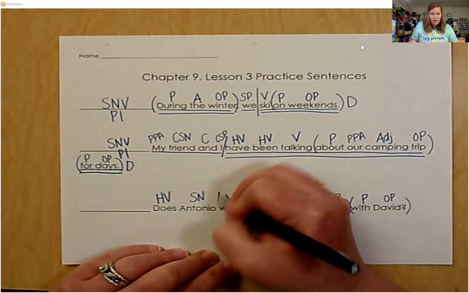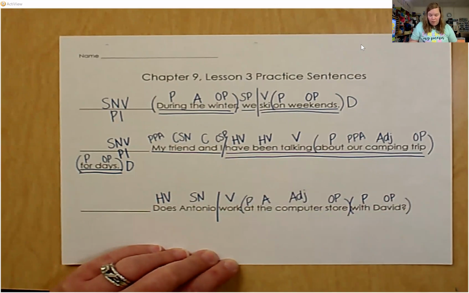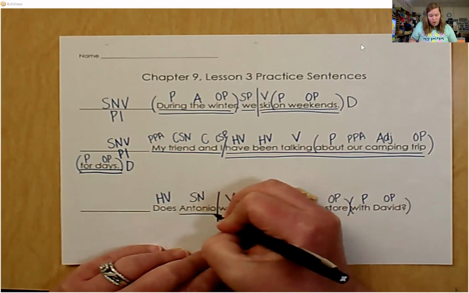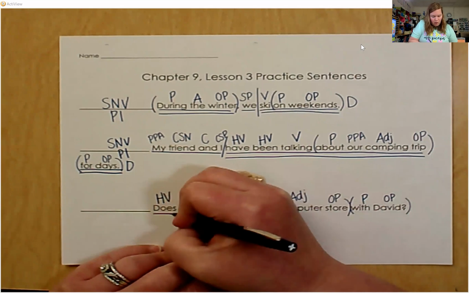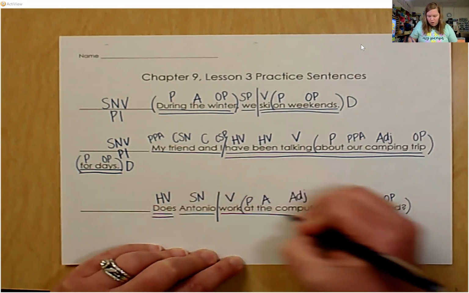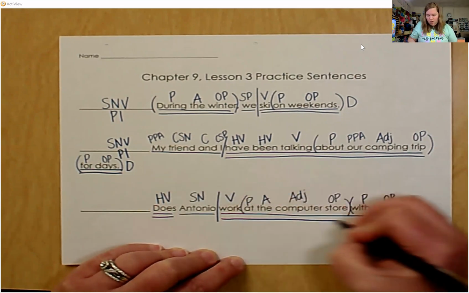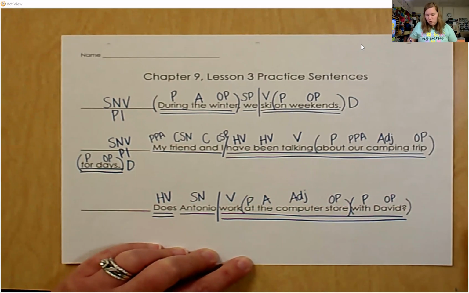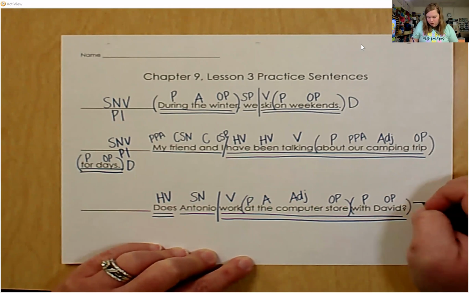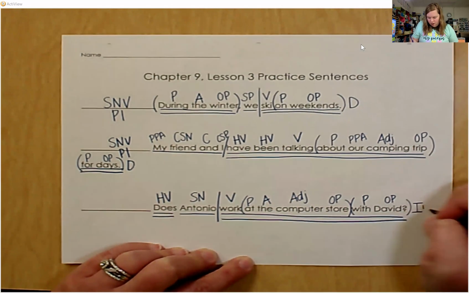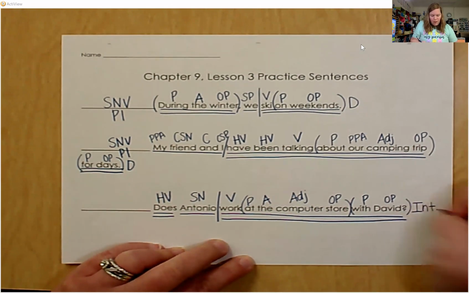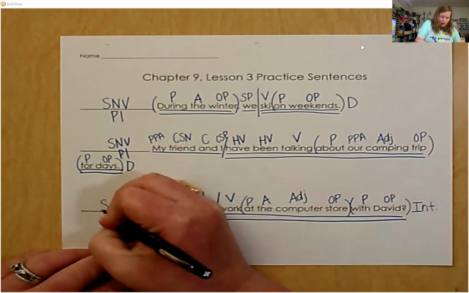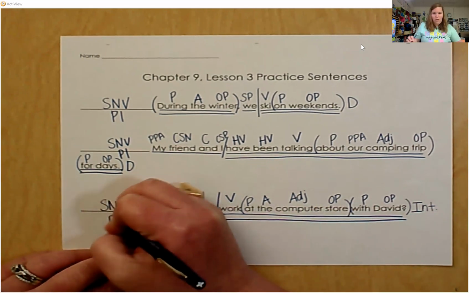Before the main verb, but the subject is just Antonio. The predicate is does work at the computer store with David. This is a question mark asking sentence, interrogative, INT. And it follows subject, noun, verb, pattern 1.